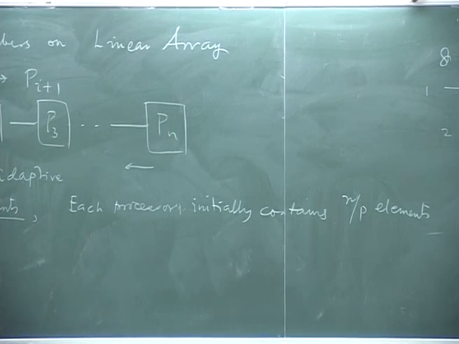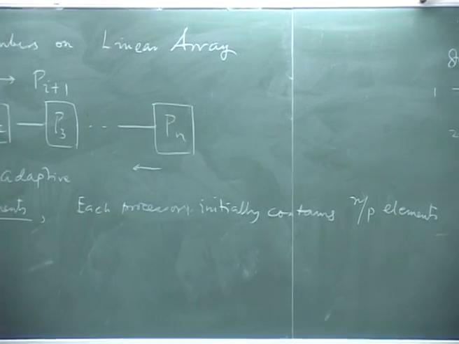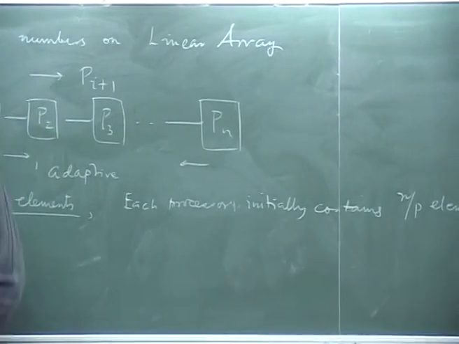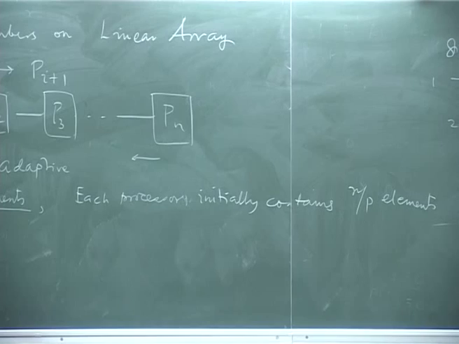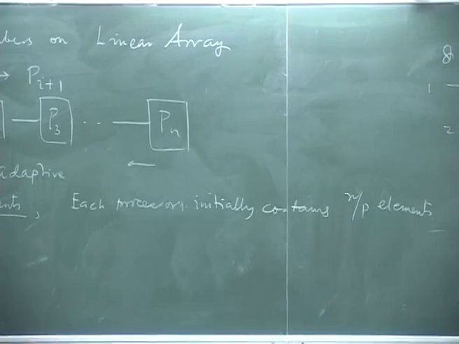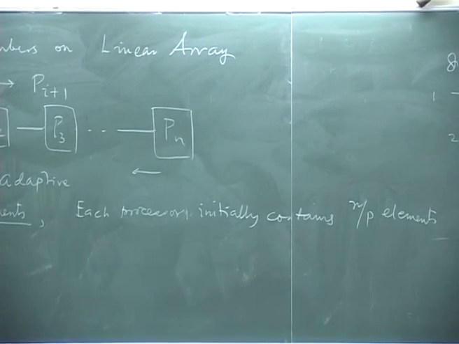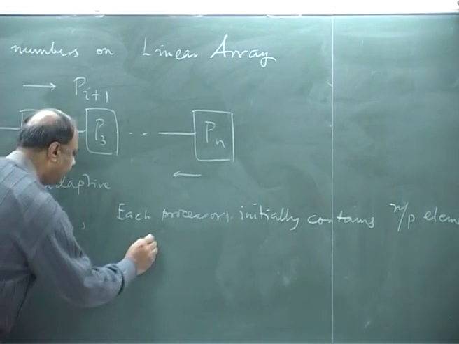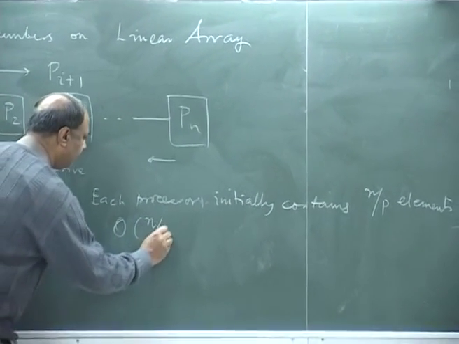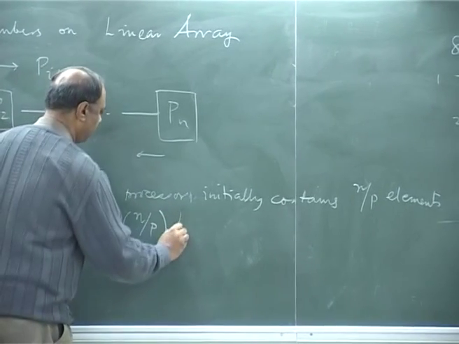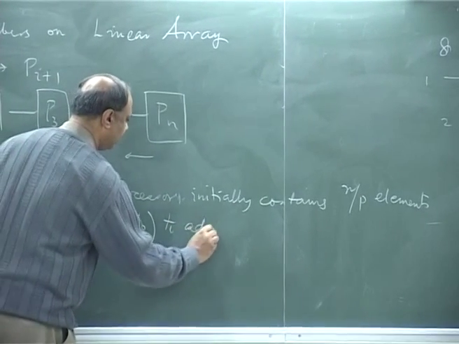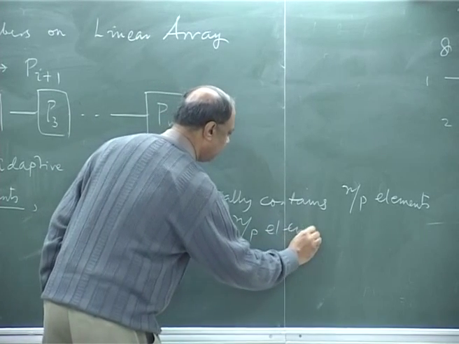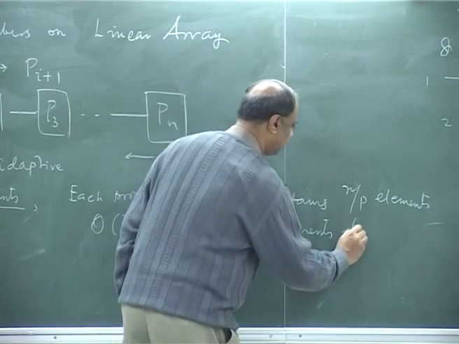Each processor is asked to find the sum of these n by p elements sequentially. So I need order n by p time to add n by p elements by each processor.